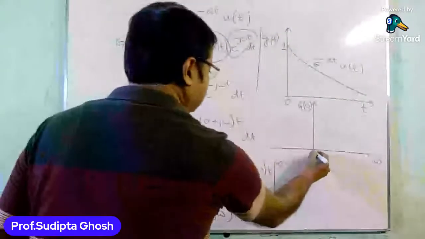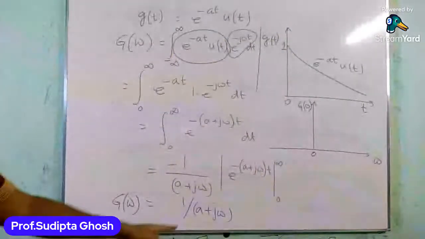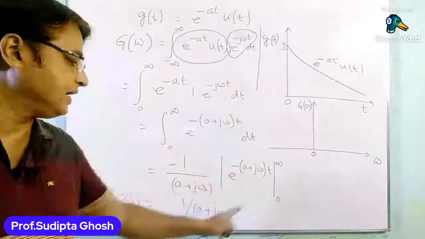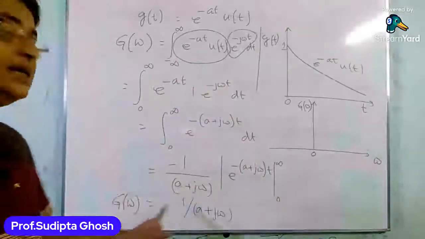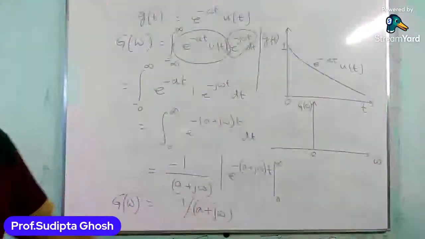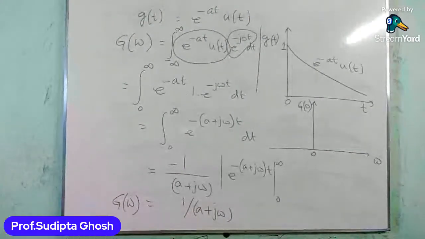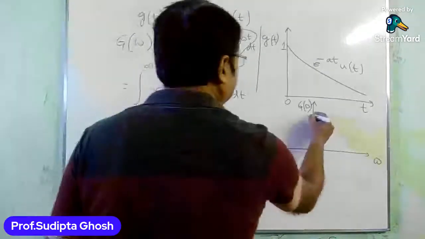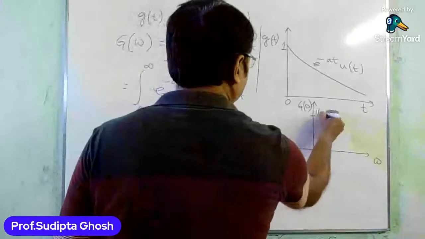So this is the 0, and if we put omega equals 0, the value is 1 by a. Let this value be 1 by a.